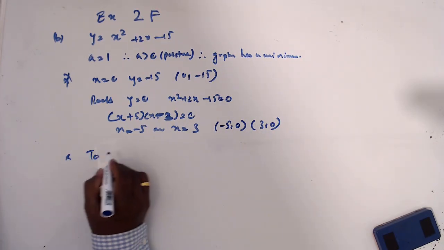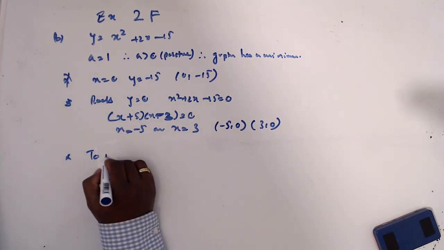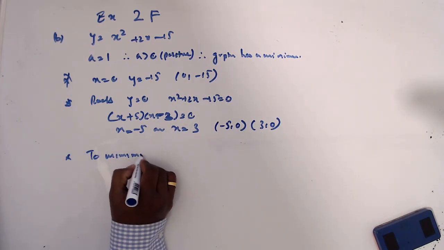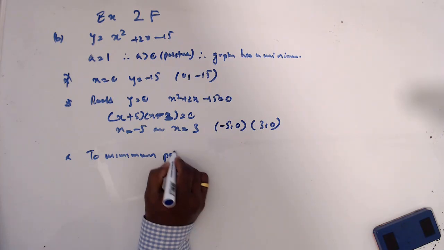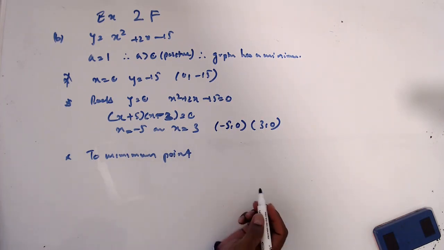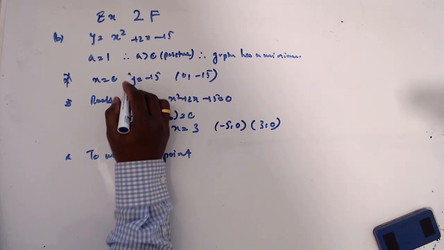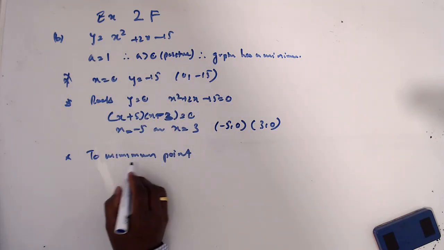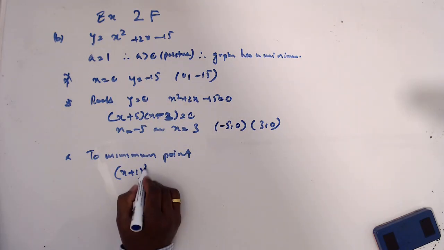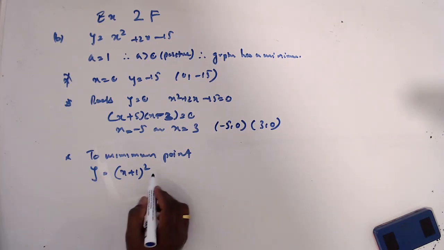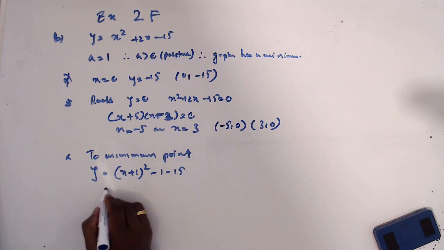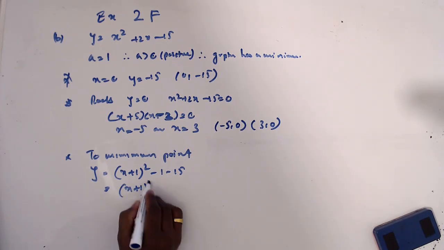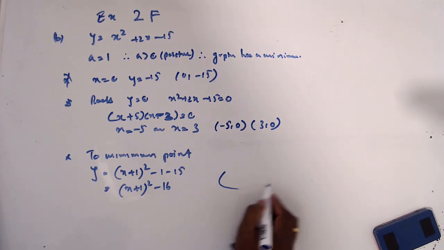Then to find the minimum point, completing the square, y equals (x plus 1) square minus 1 minus 15, (x plus 1) square minus 16.